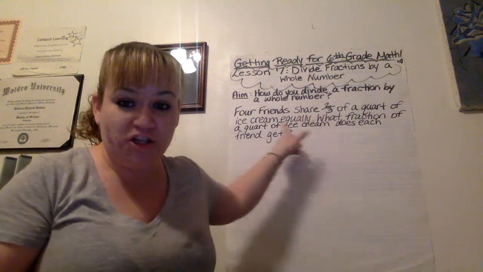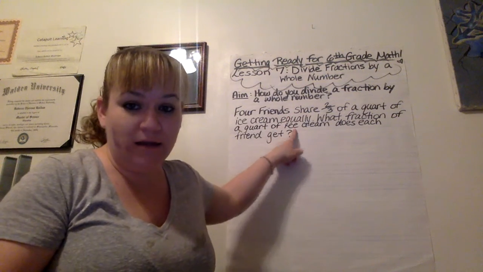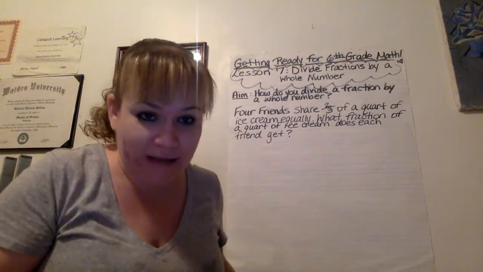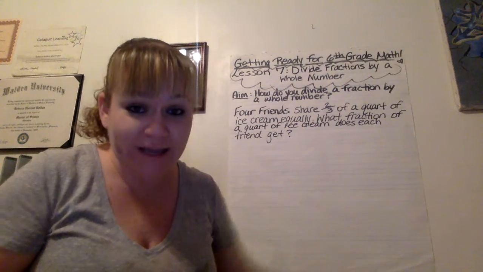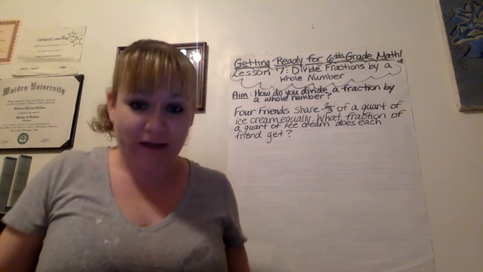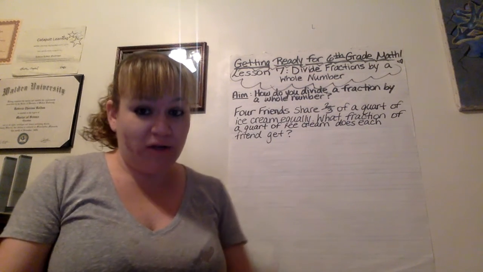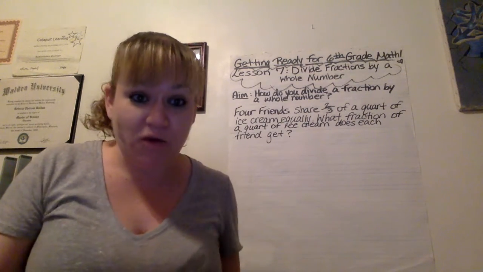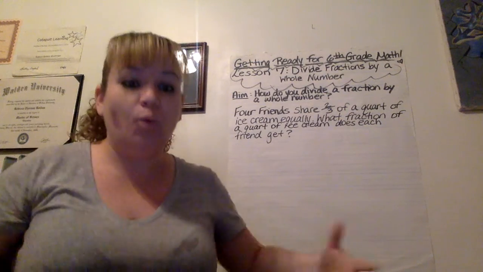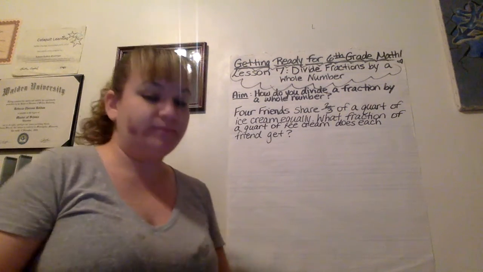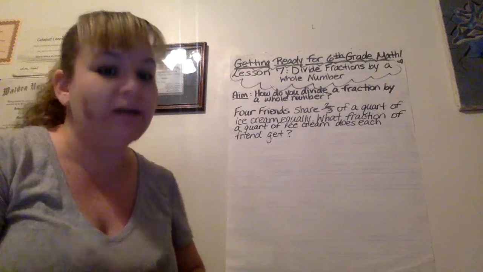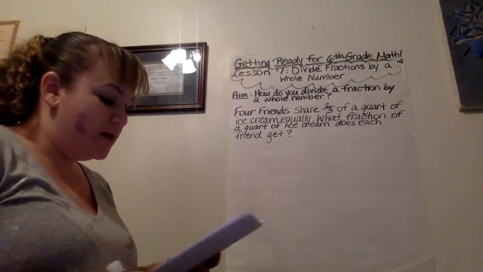Here are your clues. Sharing, equally, and each. Doesn't that sound like division? Yes. So if there's you and your 3 friends, there's 4 of you, and you have a quart of ice cream, that's only 2/3 of it left, and you guys want an equal amount, what's your equation going to be? Yes, I know they give it to you, but it's good to refresh our minds.